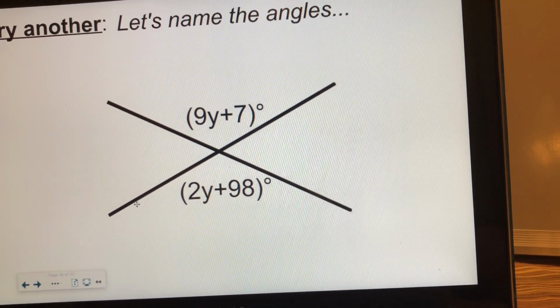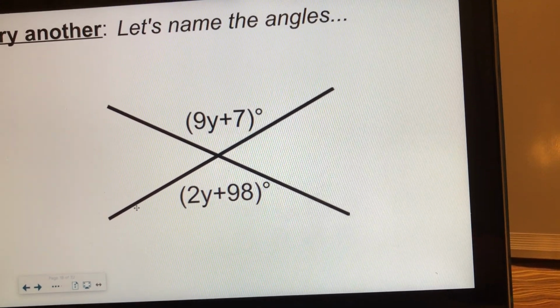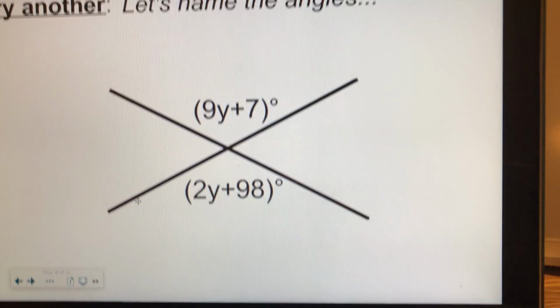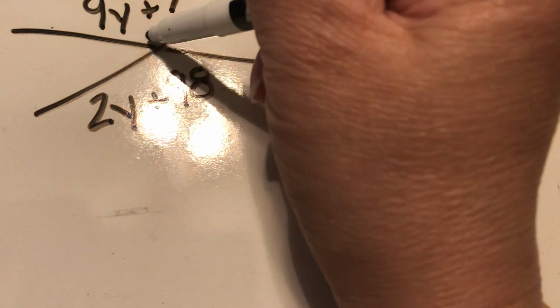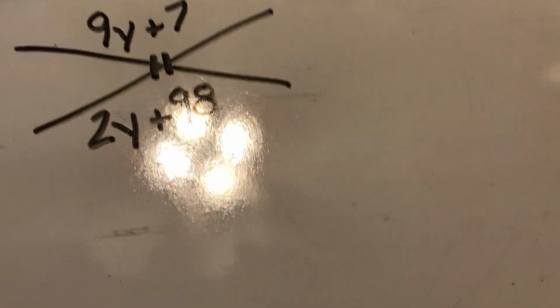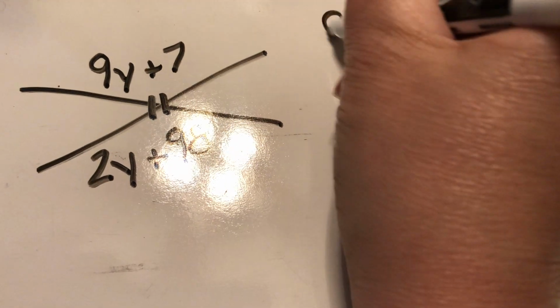Okay, we have 9y plus 7 and 2y plus 98. We notice they are vertical angles, so they equal each other. So on my board, I put my little equal sign right there to remind me. Vertical, equal. So now I'm going to just set them equal to each other.